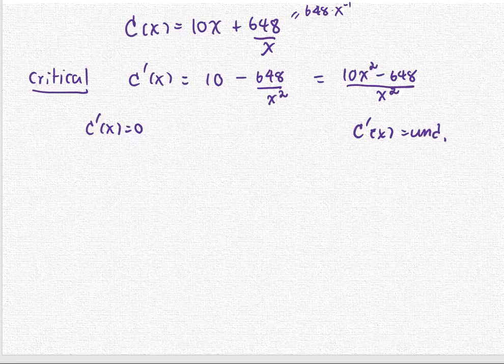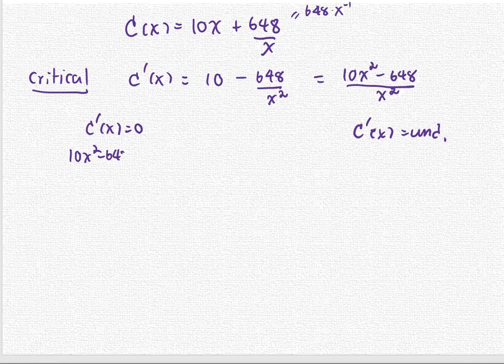For case 1, C prime equals 0. So 10x squared minus 648 equals 0, or x squared equals 648 divided by 10, which is 64.8, and then take the square root.